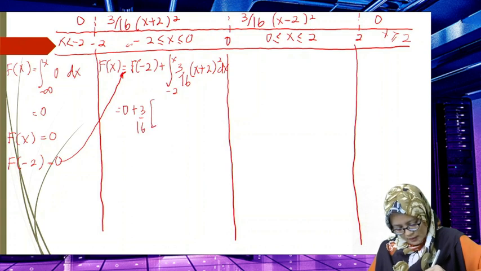So we integrate (x plus 2) square, which gives (x plus 2) cube over 3. Substitute the values from -2 until x.